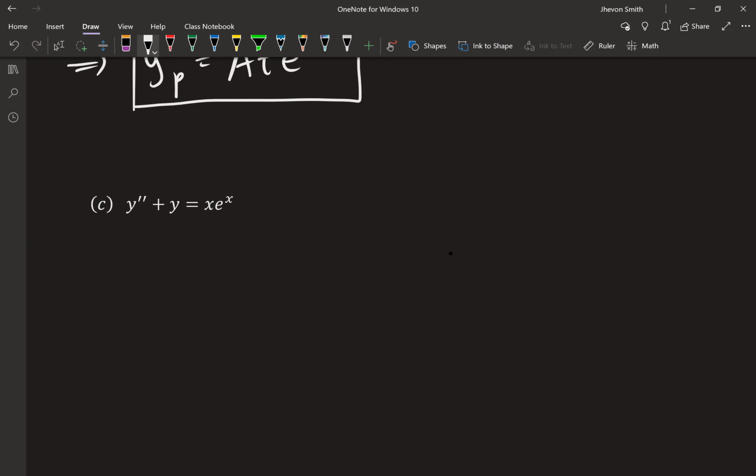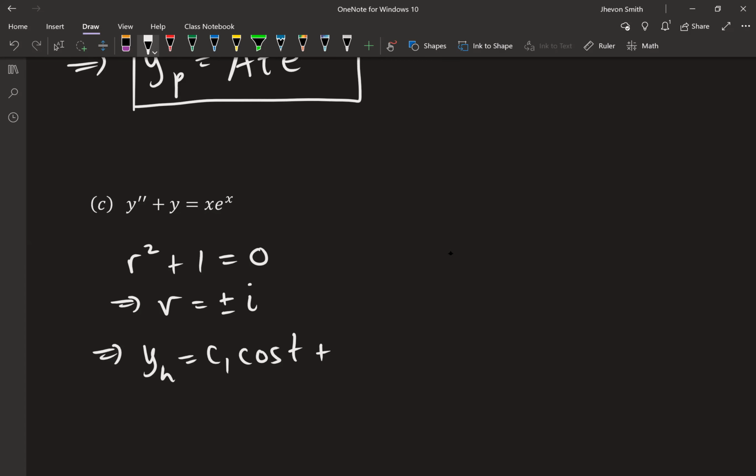No. You would have r squared plus 1 equals 0, which means your r is going to be plus or minus i, which means your YH is cosine and sine. And again, I'm going, as a force of habit, writing t's. In this case, it's an x.